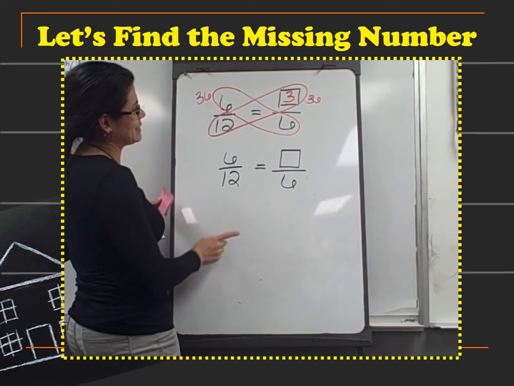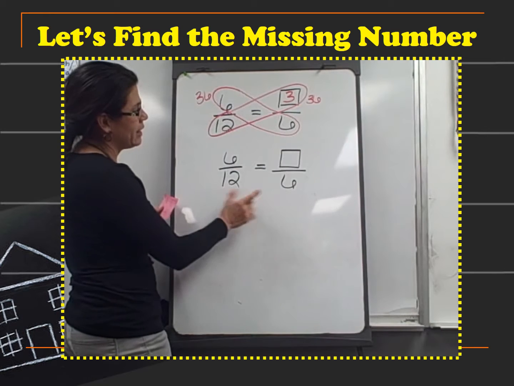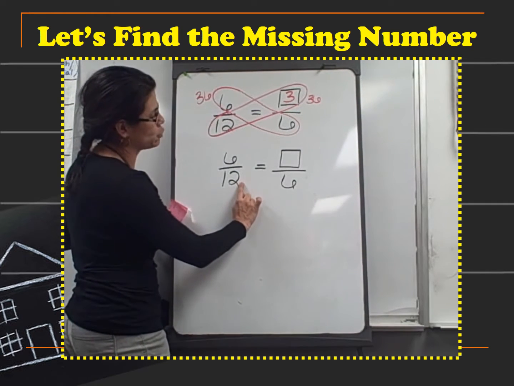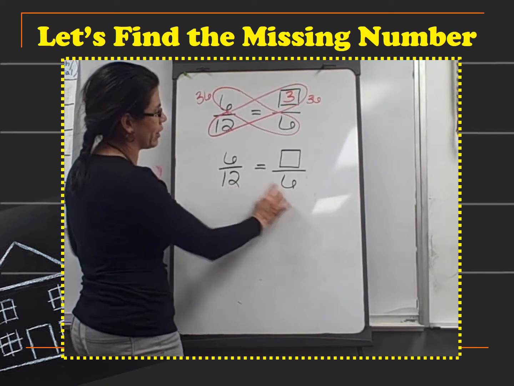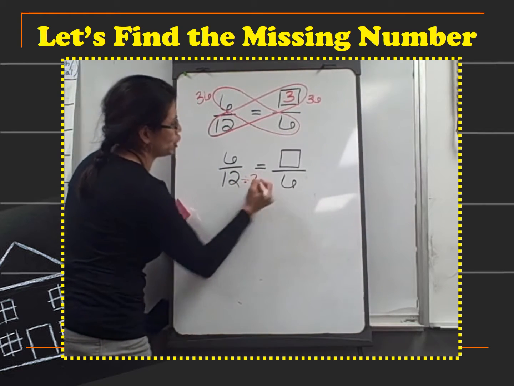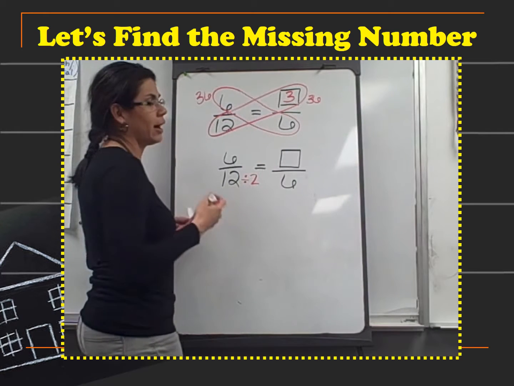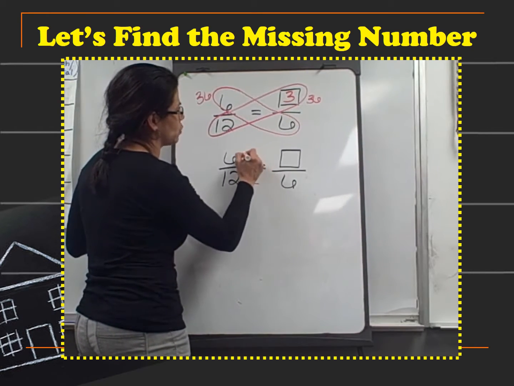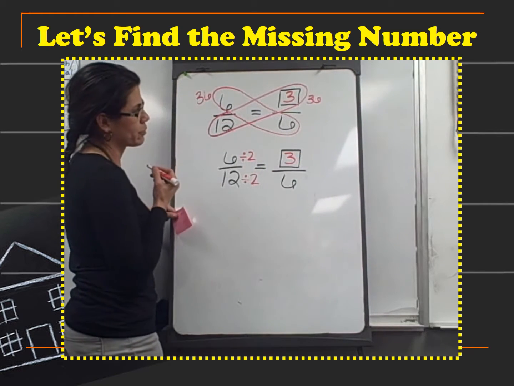All right, in this case, I have both numbers on the left-hand side. Now, if you notice, we got smaller going from 12 to 6. Well, how do we go from 12 to 6? Well, it would be dividing by 2. So in order to form an equivalent ratio on the other side, we need to divide 6 by 2 as well, and that's going to give us 3.